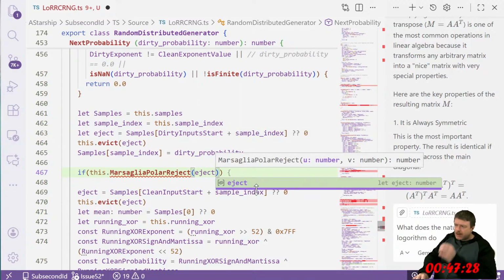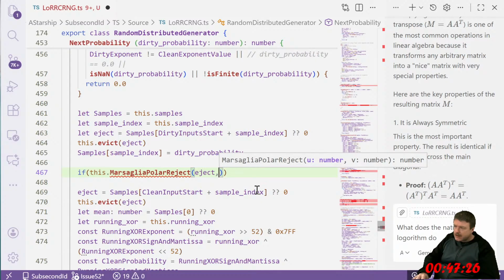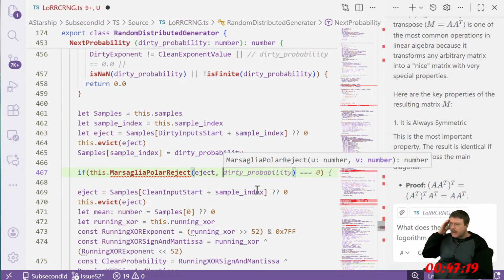Why did I not make that con for the eject? And then no. Don't I need to clean out? It's expensive to run this. I only want to run it once.